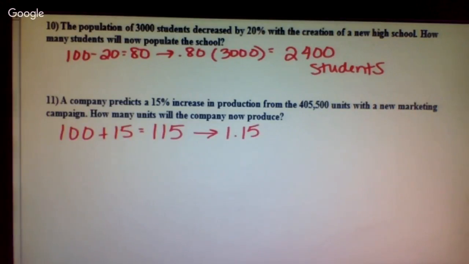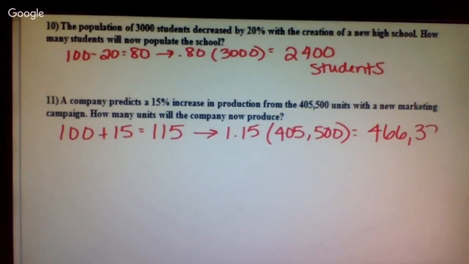Okay, so we started with 405,500 units. How many will they produce now? They give us the original, so we multiply. 466,325. We're almost done with percent of change, and then we get to talk about exponential growth.